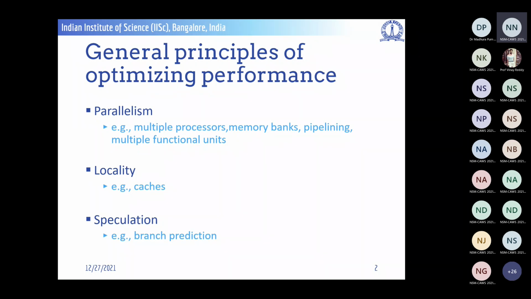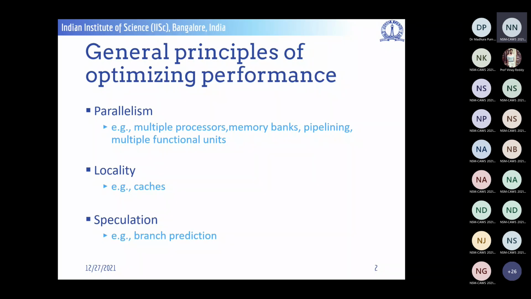Whenever there is a performance optimization, it is typically along one of the three axes I'm pointing to here. It will be either trying to take advantage of some kind of parallelism that is available, or locality, access locality. For example, caches are a good example of that. You try to take advantage of temporal and spatial locality. Later in this lecture series, you'll hear more about it.